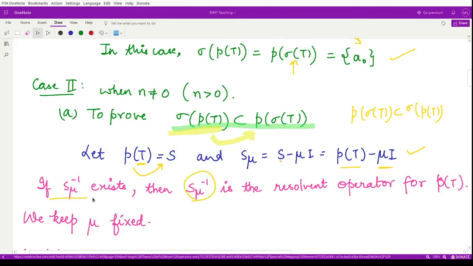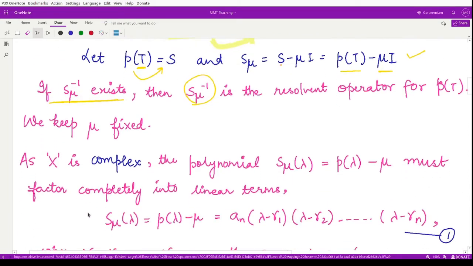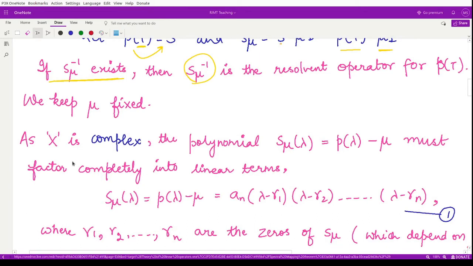This is another assumption that we are making over here. So suppose we keep this complex number mu as fixed. Let's see what happens next. Now given X is complex, this polynomial S mu lambda, which is P lambda minus mu, must completely factor into linear terms.